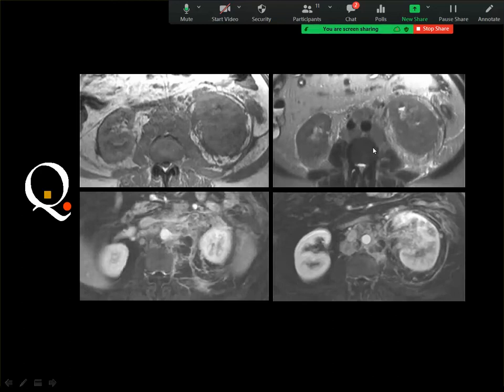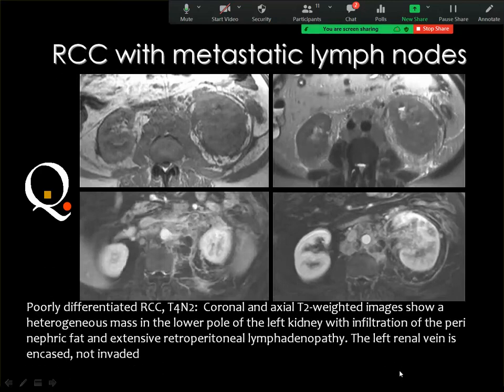If you look carefully around the aorta, you have bulky lymphadenopathy that shows contrast enhancement after injection of contrast, representing metastatic nodes. So this tumor has invaded the perinephric fat and has metastatic retroperitoneal lymphadenopathy.